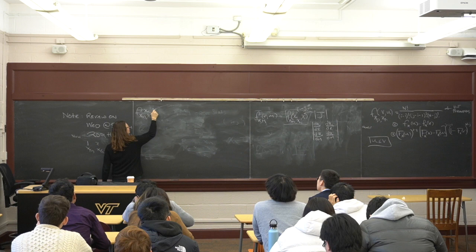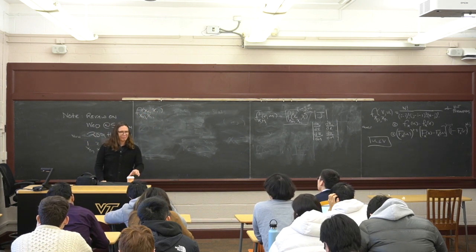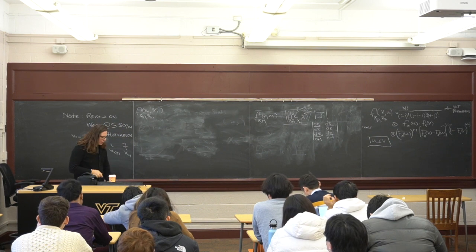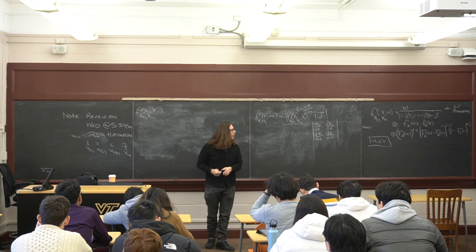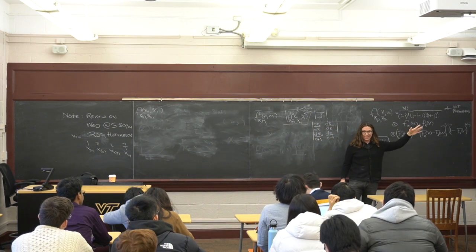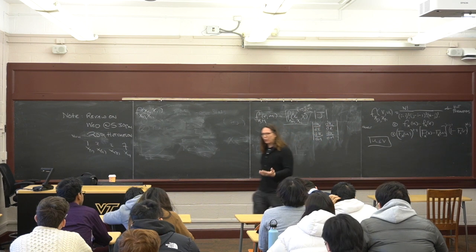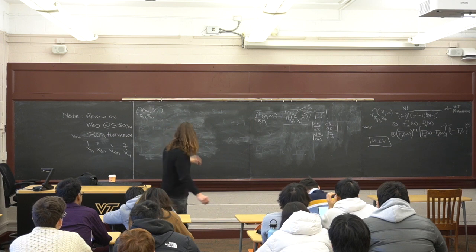I'll try to be consistent about my order right here. I very often switch it, so keep an eye on me. So we'll just apply that formula that we had before. It might be helpful if we keep this on the board for a second so we can stare at it. But eventually, if you're applying this, you'll probably write that out real quickly and just insert everything into it.